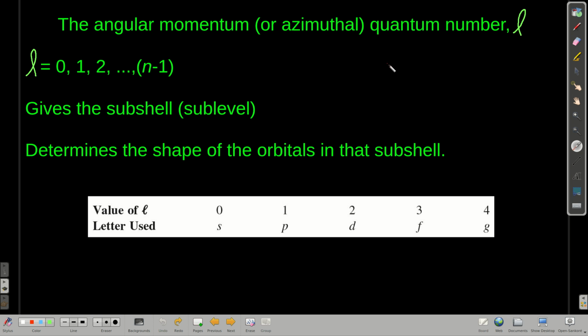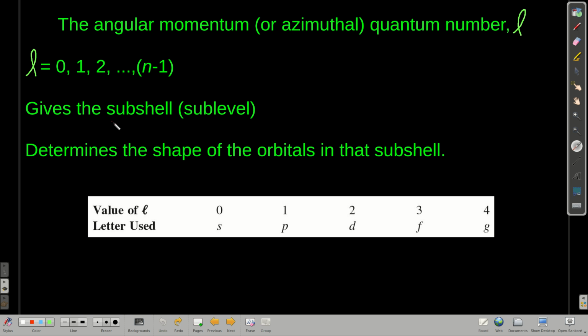Once we know n, the rule is this: l can be any integer starting with 0 up through 1 less than whatever n is. So if n is 3, l can be 0, 1, or 2. If n is 7, l can be 0, 1, 2, 3, 4, 5, or 6. If n is 1, then the only thing l can be is 0.